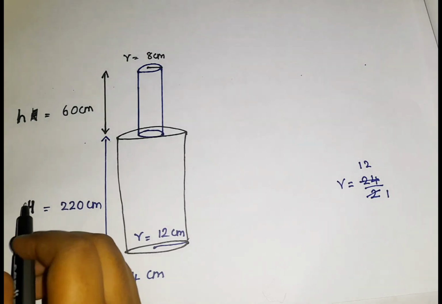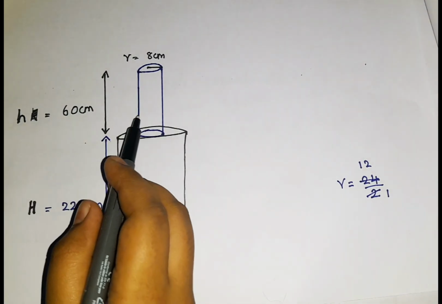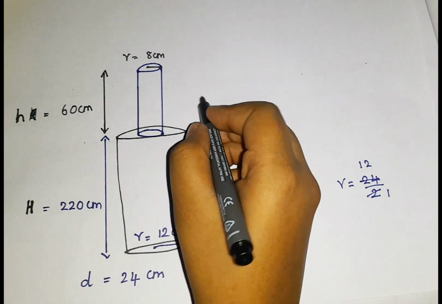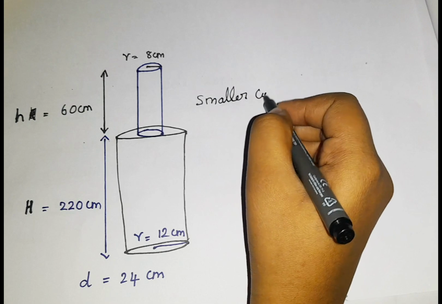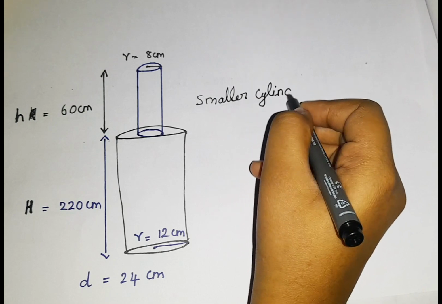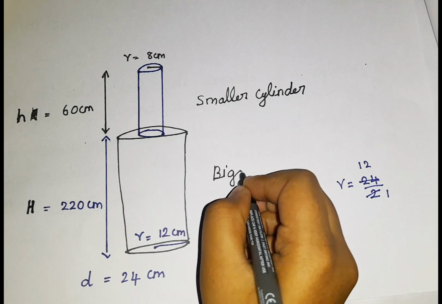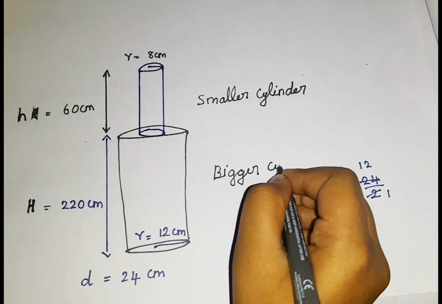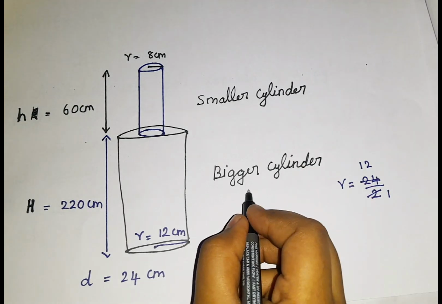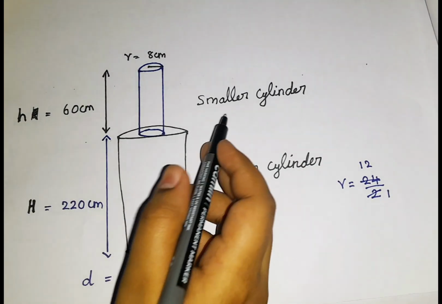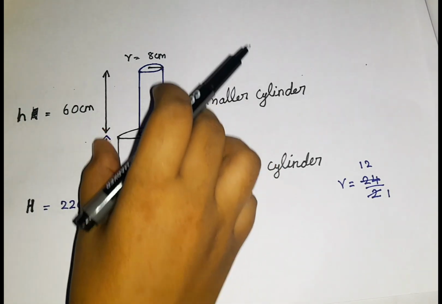So guys, I am going to be taking capital H for bigger cylinder and small h for smaller cylinder, okay. So this is smaller cylinder. And this one is bigger cylinder, okay.